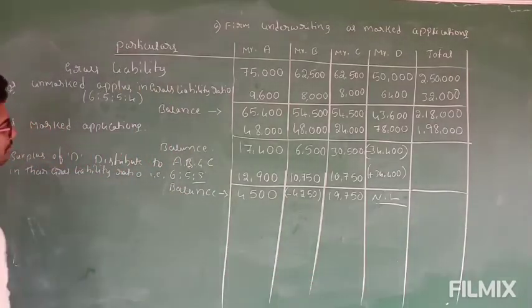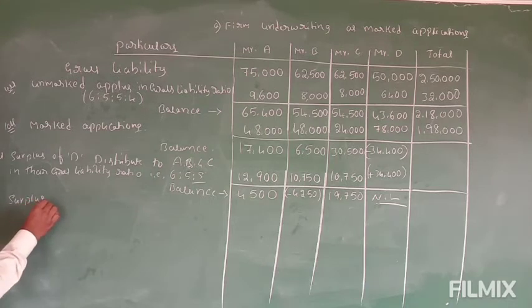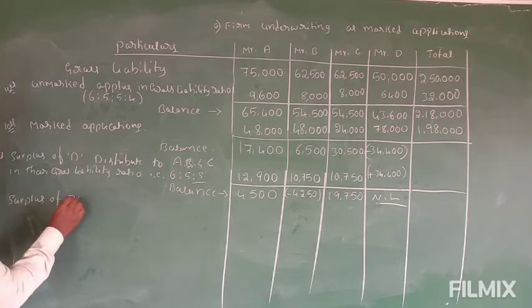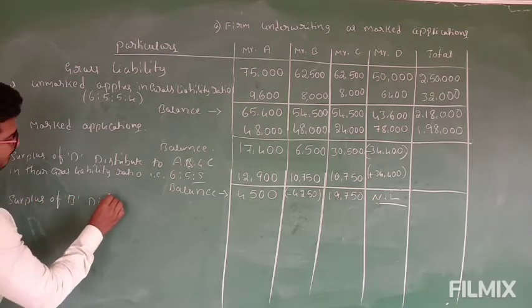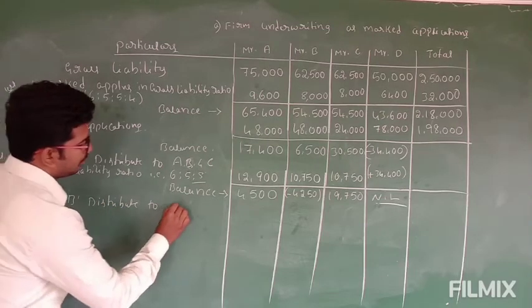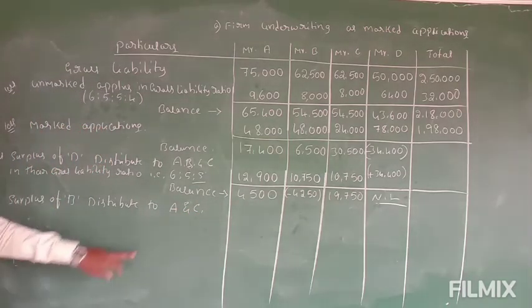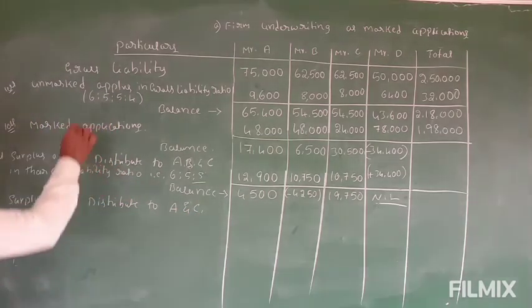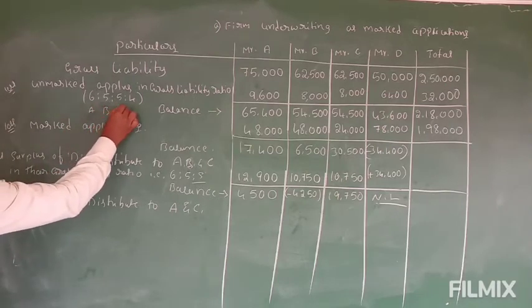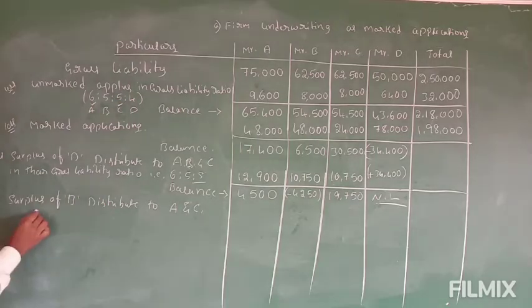So again, surplus of B distributed to only A and C in the gross liability ratio. Only take A and C's ratio, which is 6:5.